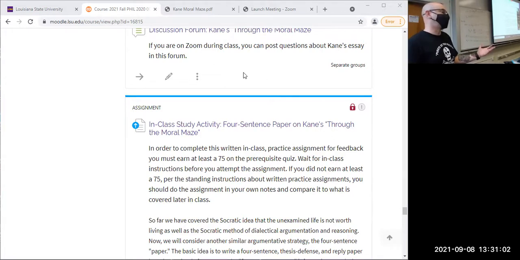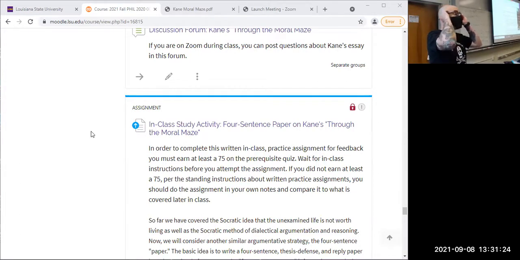So we did the reading assignment on Cain and the moral maze. That essay is about moral relativism and the search for moral absolutes primarily. Does anybody have any questions about that article before the quiz, before we jump into the study activity for today? Anybody have questions about Cain's essay?